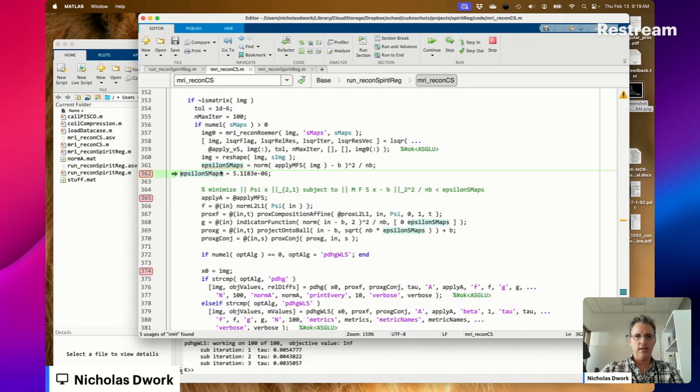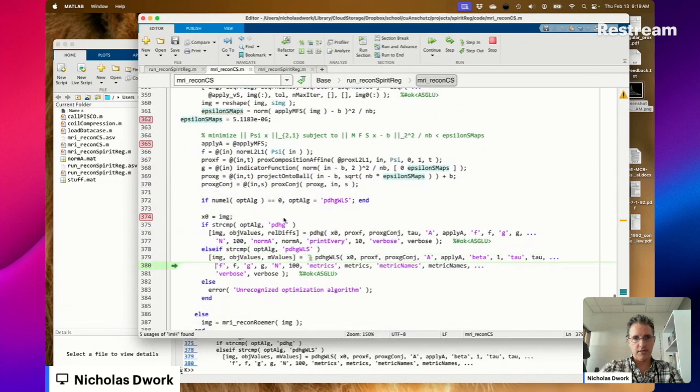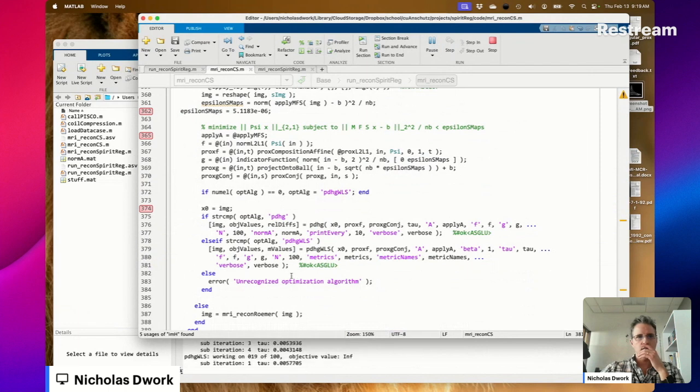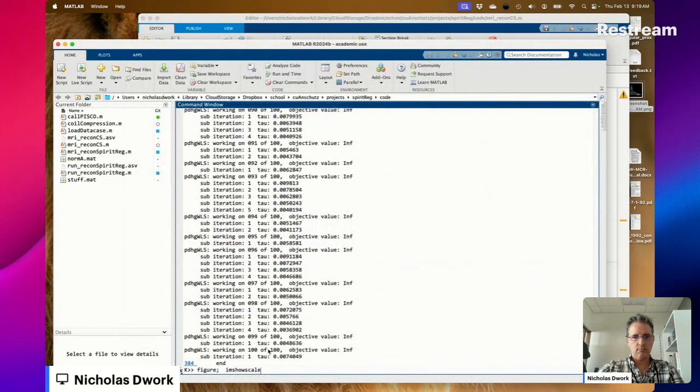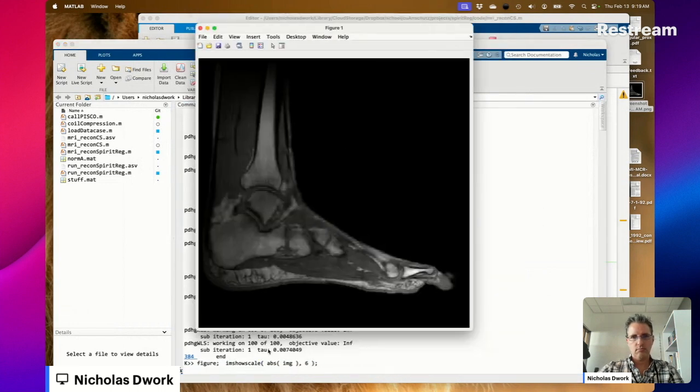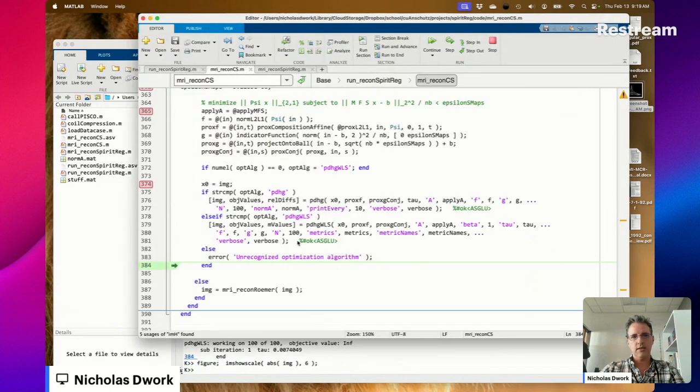I don't think that's going to matter much. I don't really think it's going to change the quality of the image at all. But that should have been the answer.